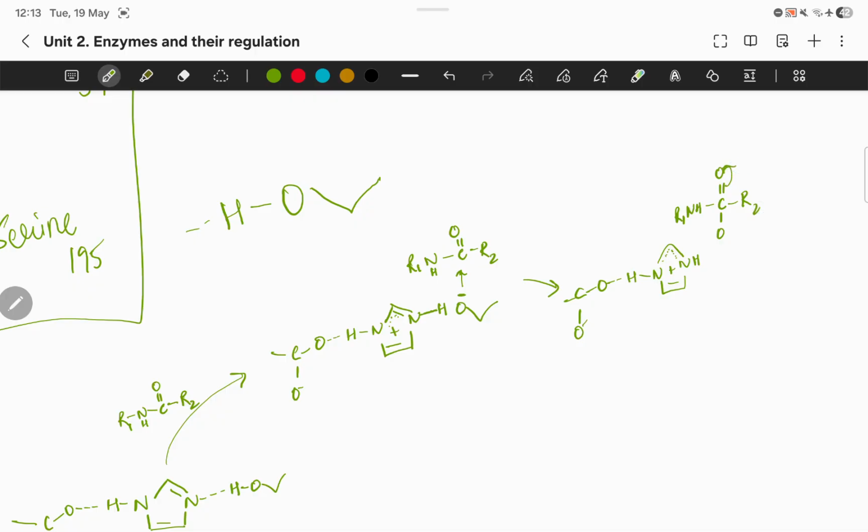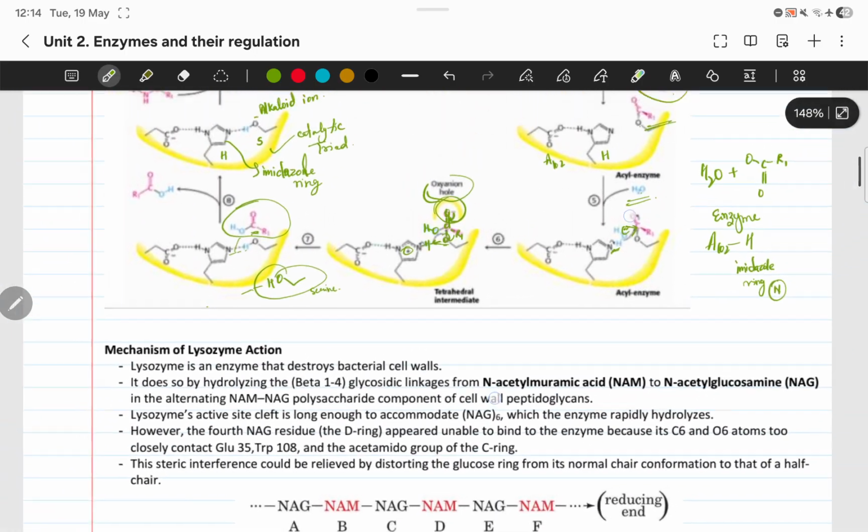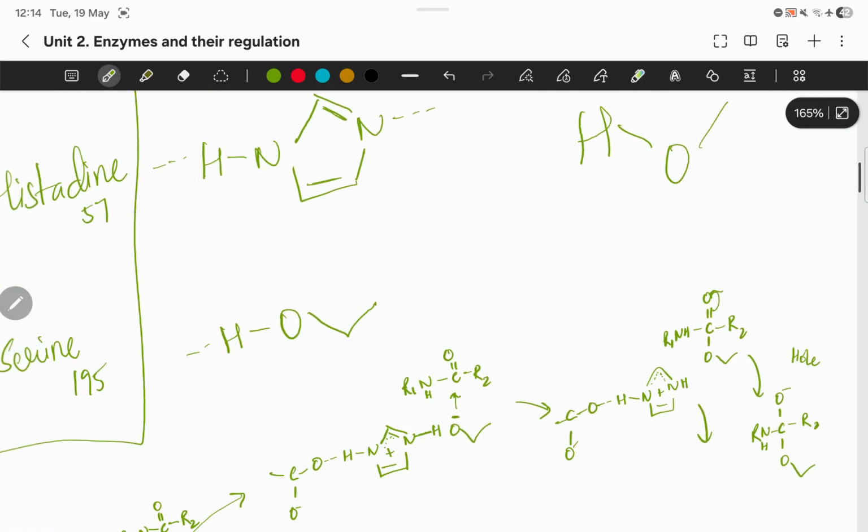This will go here, and we'll see something like R N H C O minus O R2. This is what is called the oxyanion hole.